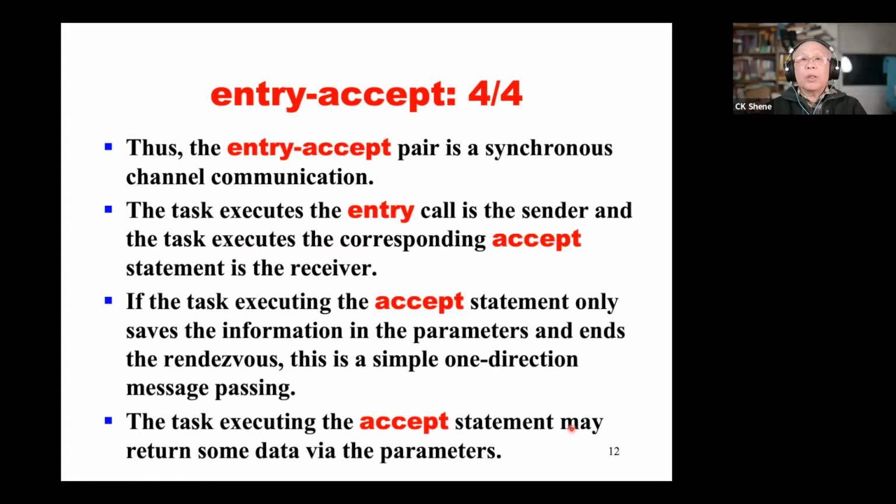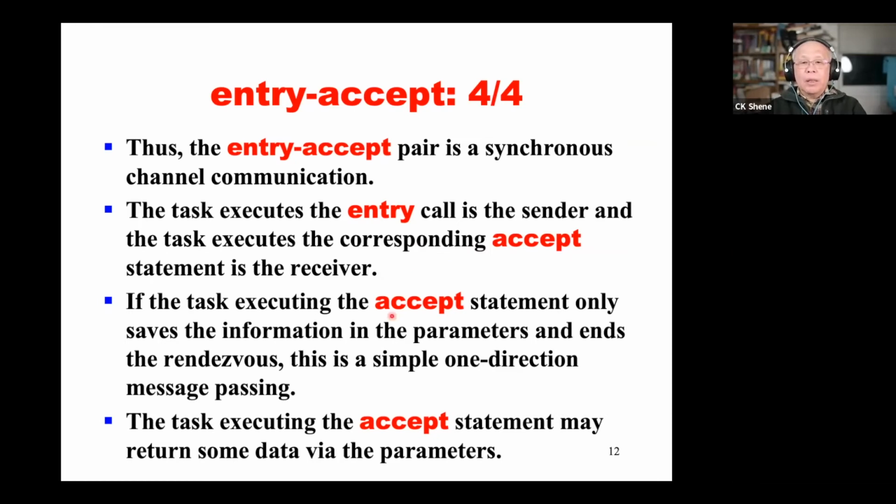So this is just a different way of describing blocking send, blocking receive. So a summary. The entry accept pair is a synchronous channel communication. The task executing the entry call is the sender, as we mentioned, and the task executing the corresponding accept statement is the receiver.